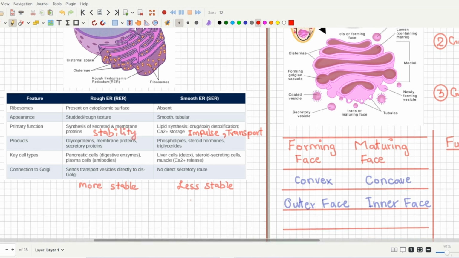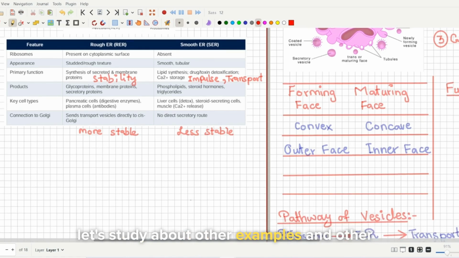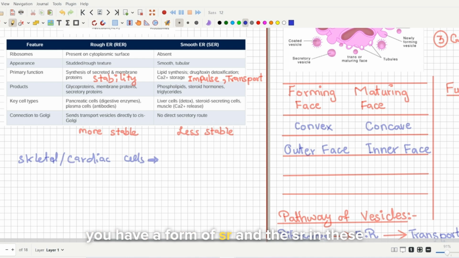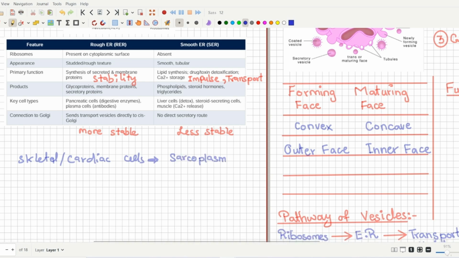Next, let's study other examples and other things that you need to know about the endoplasmic reticulum. First, in skeletal or cardiac muscle cells, you have a form of SER, and the SER in these muscle cells is called sarcoplasmic reticulum.